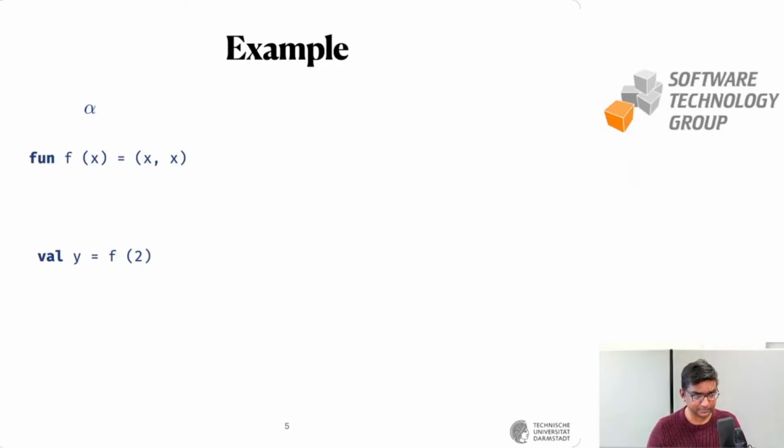So first, we would assign pseudo types or unknown types to each of the variables here, including the function. So x would be assigned the type alpha. And of course, the return type would be alpha cross alpha because we know it's returning the tuple x comma x. And now let's assume we know nothing about how the function is defined itself.